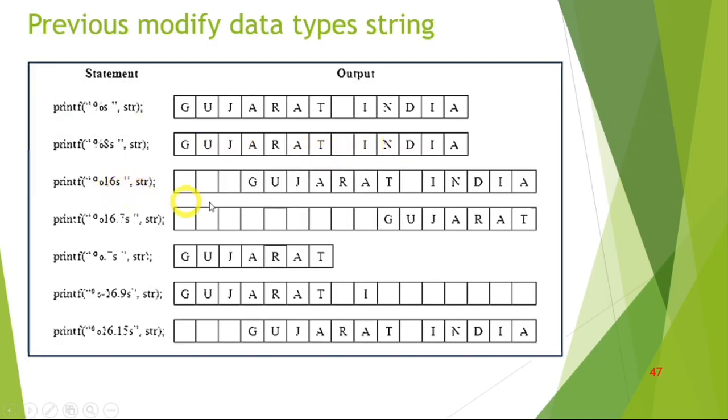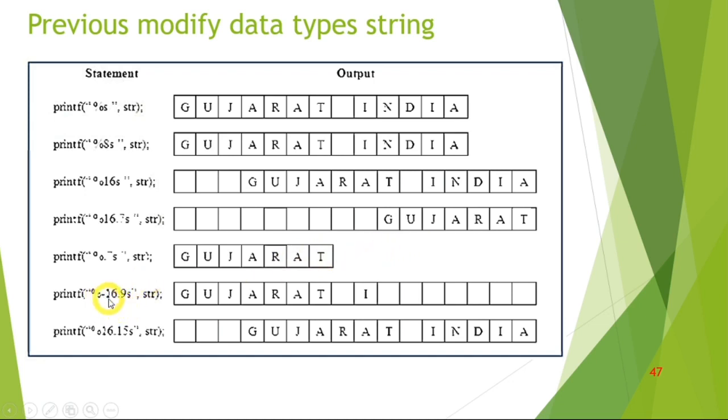Now %16s, it leaves some space, then it writes, say left margin, Gujarat India. So next is %16.7s, so it will leave so much space before the Gujarat, and India will be garbage value. Okay, now %7s, so only Gujarat will come, and India will not come.